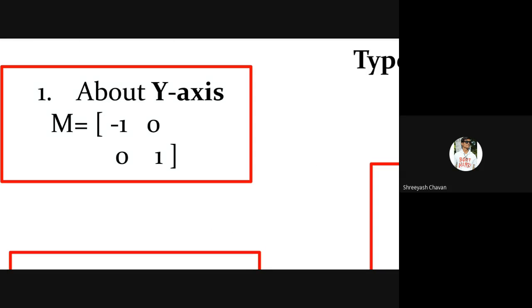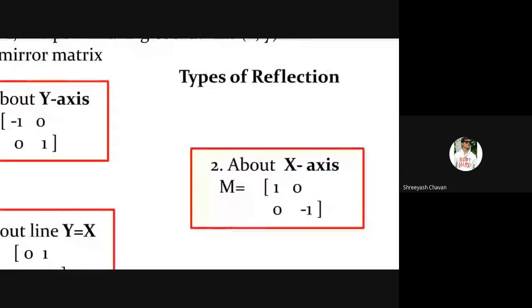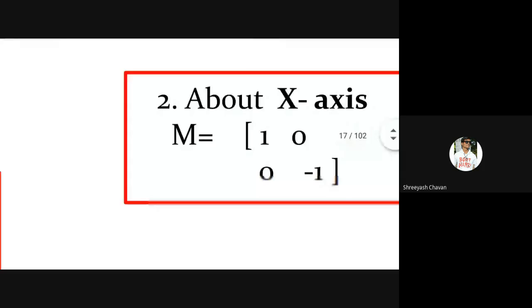Now what about the x-axis? Only the sign is changed. About the x-axis, the mirror matrix is 1 0 0 -1. Only the minus sign is shifted. So keep in mind that about the x-axis, the bottom right entry is negative.